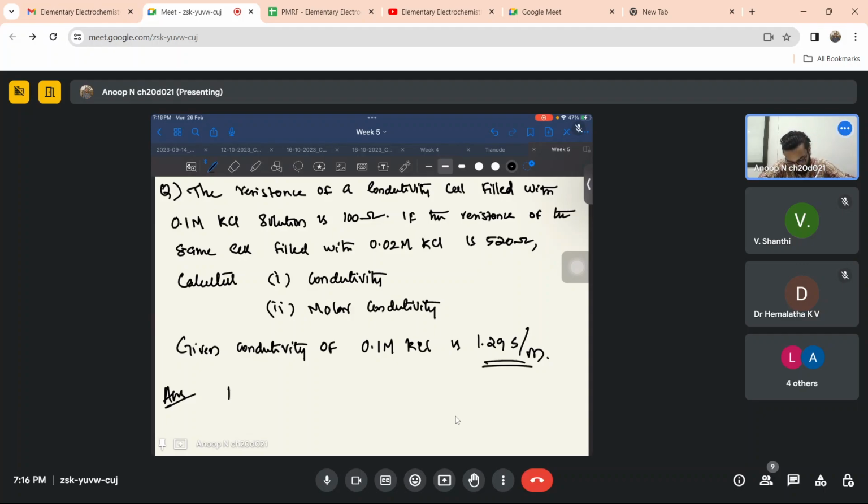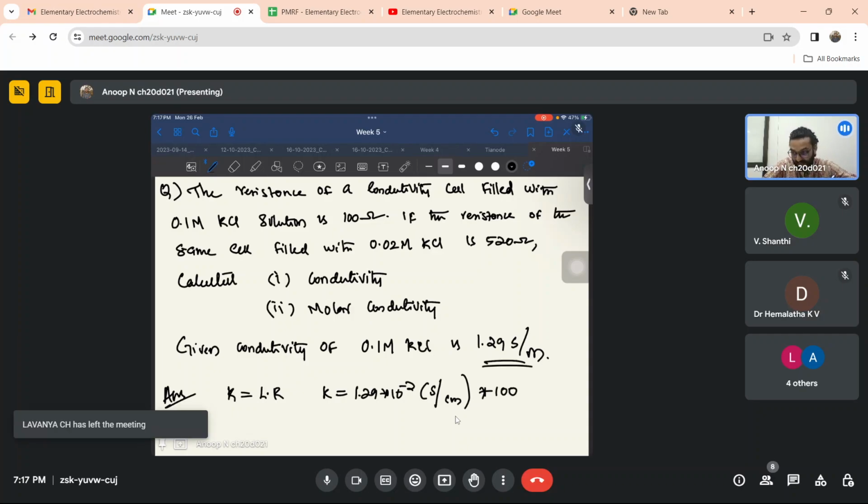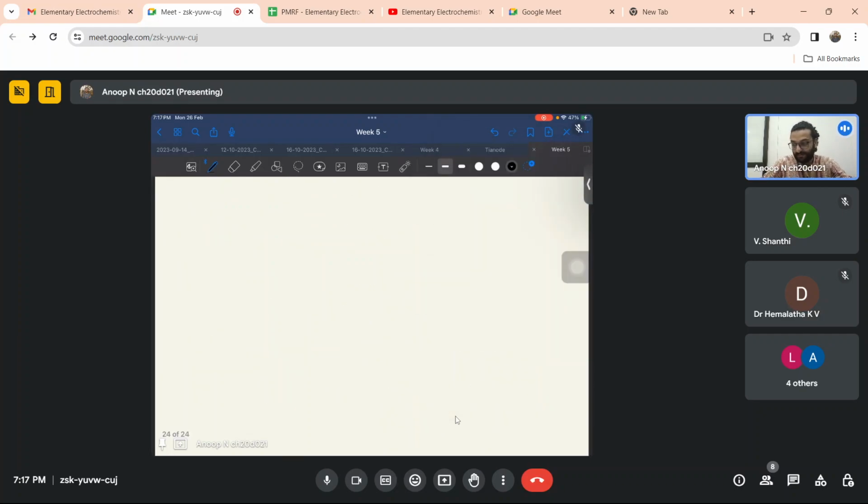So first we have K is equal to L into R. From that we can find the cell constant, which is equal to 1.29 into 10 raised to minus 2 Siemens per centimeter. I have just converted it to centimeter unit by dividing by 100, which is nothing but 1.29 centimeter raised to minus 1, the cell constant.